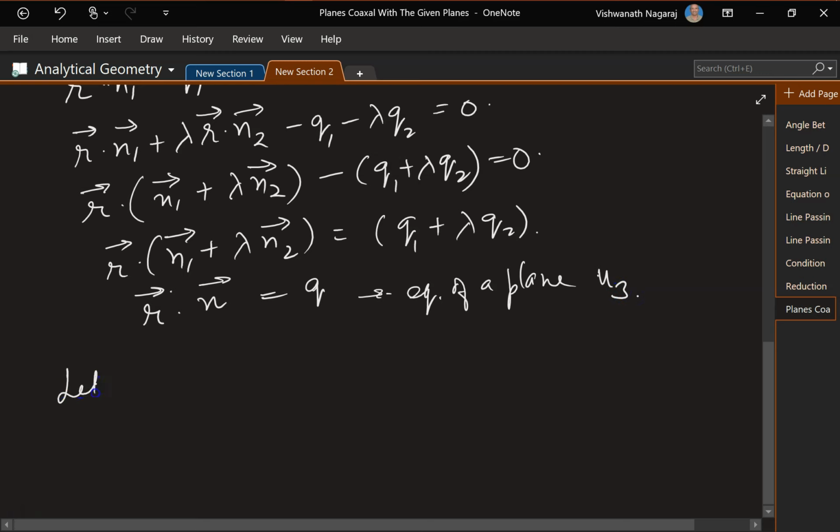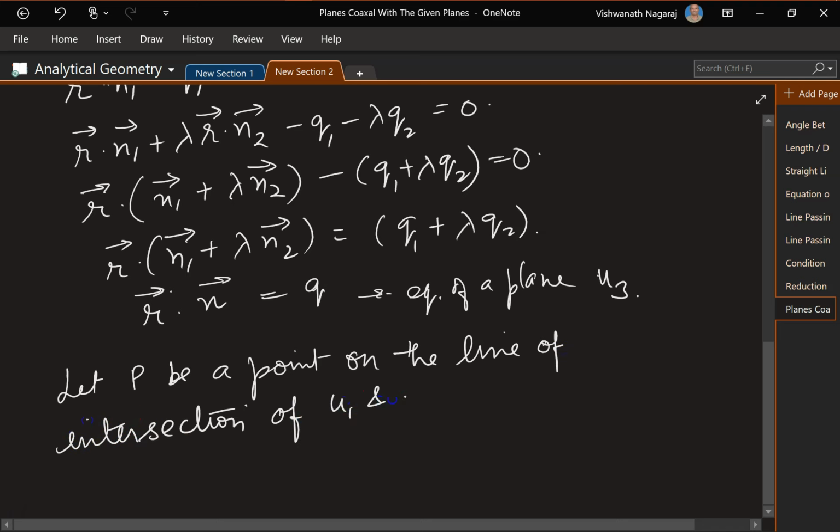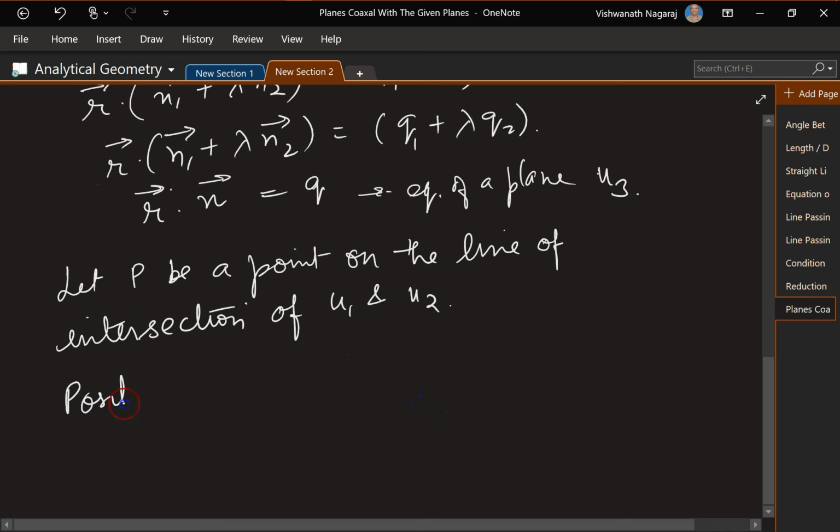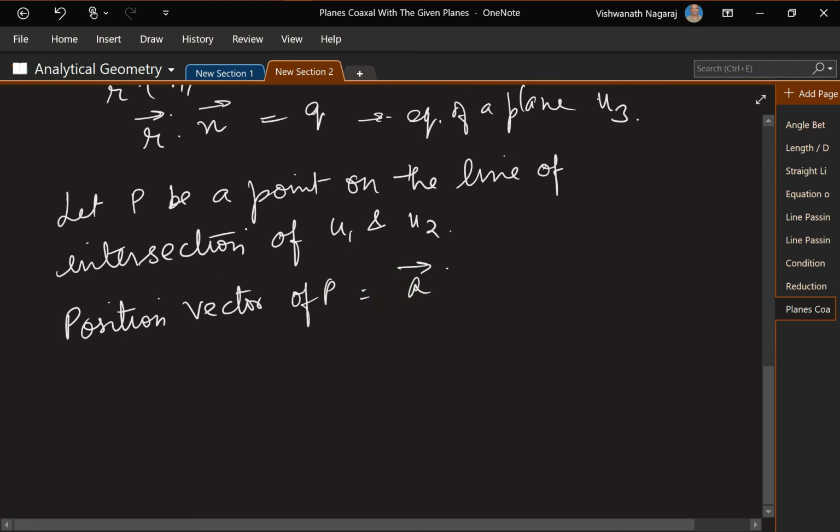So let's say u3. Now let P be a point on the line of intersection of u1 and u2. The position vector of P is, let's say, vector A. So the equation based on this would be what?